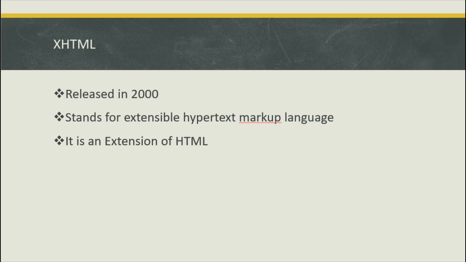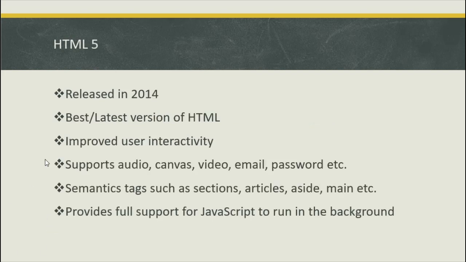Then the last version we have, or the latest version that we do have, is HTML5, right? This is the latest version we have, which was released in 2014, and this improved also user interactivity because we have the support of audios, canvas, videos, emails, passwords, and also semantic tags such as section, article, aside, main, because these tags have meaning, right?